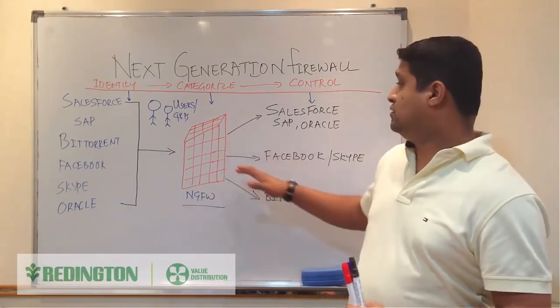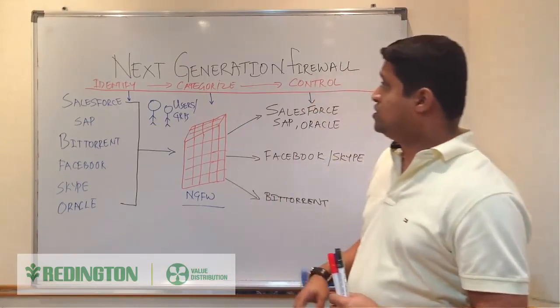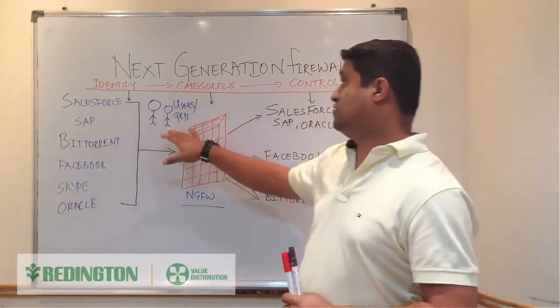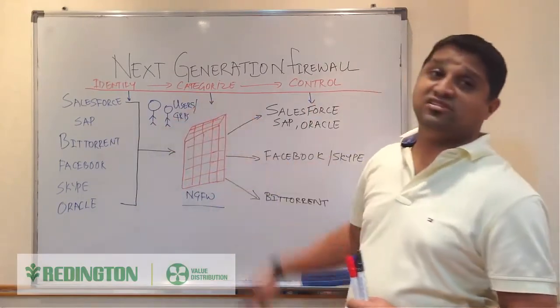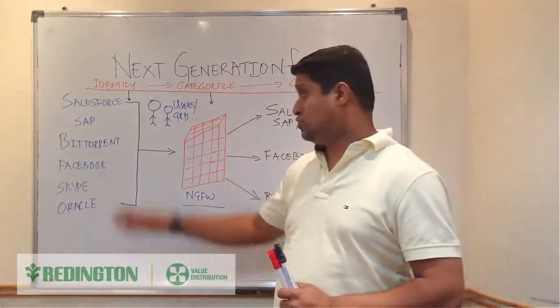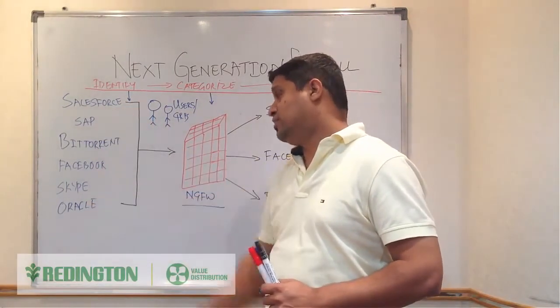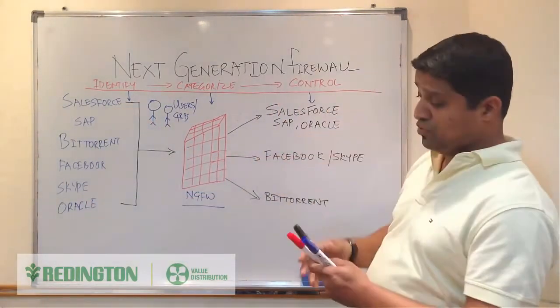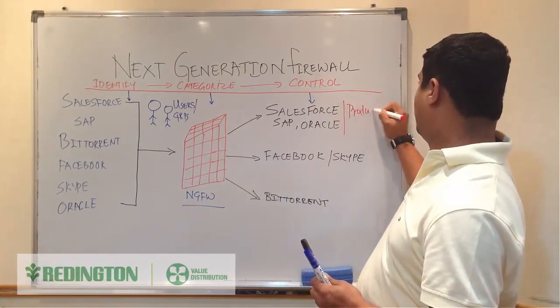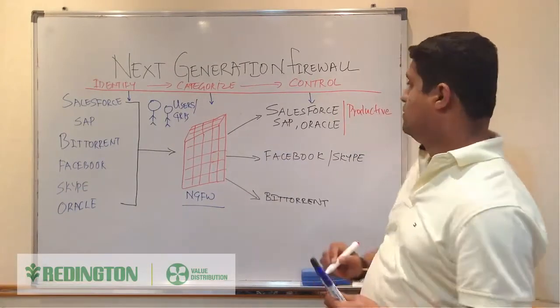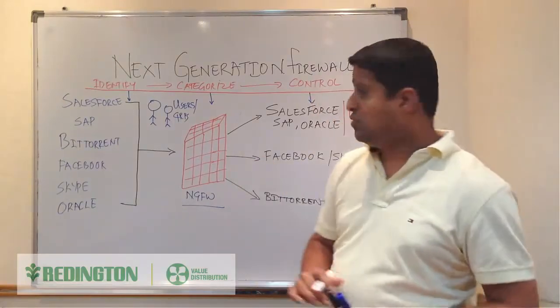So here we have a next generation firewall which would first identify the applications and define or categorize them on the basis of users. For example, Salesforce, SAP, and Oracle could probably be productive. You have Facebook and Skype.